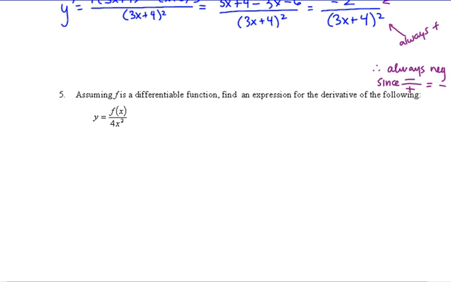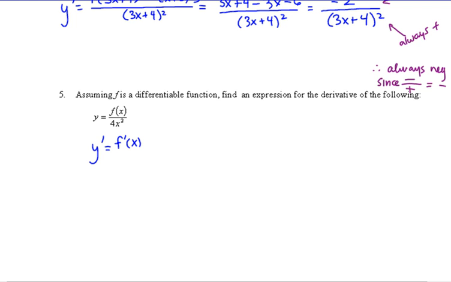Assuming f is a differentiable function, find an expression for the derivative of the following. Okay, y prime. How would you write the derivative of f of x? f prime of x.